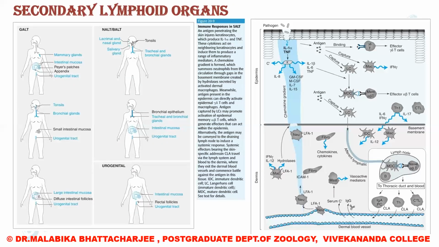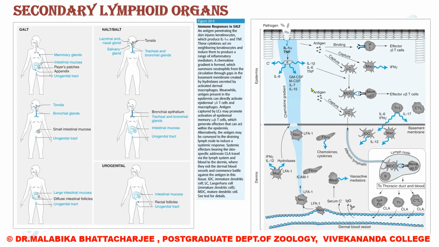So we are getting the effector alpha beta T cells. In case of immediate infection through the skin, the initial protection is taken up by the gamma delta T cells, and later on it is taken up by the effector alpha beta T cells.